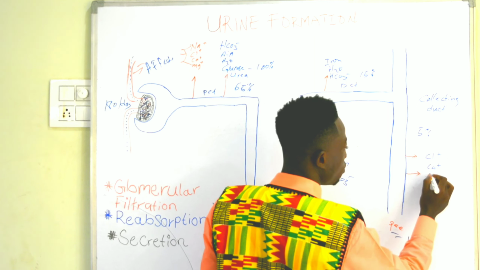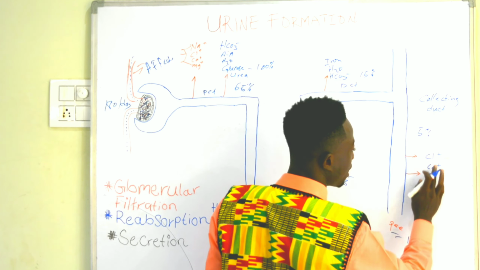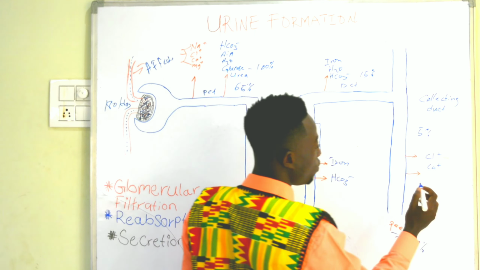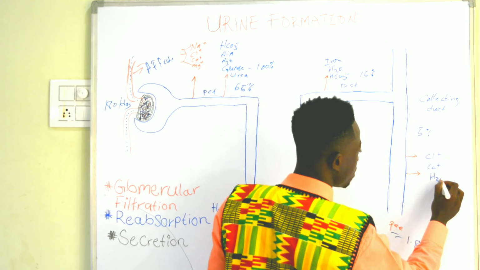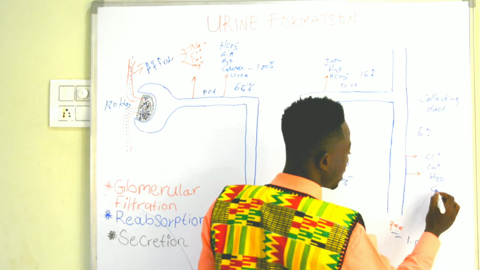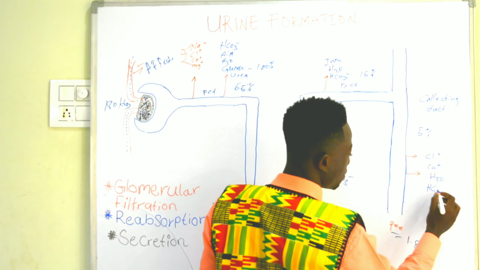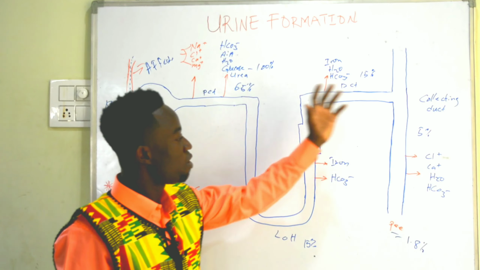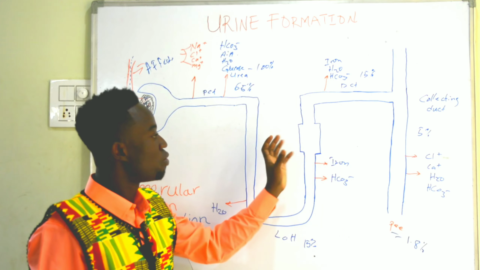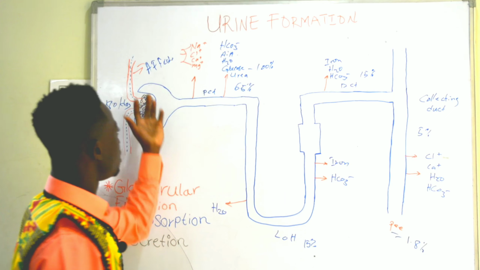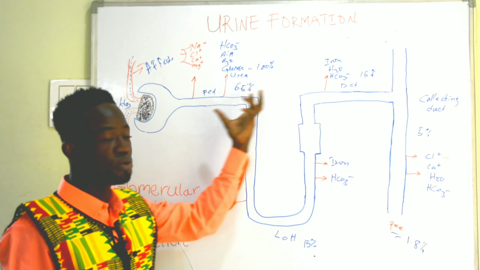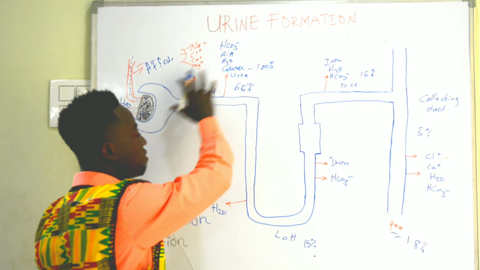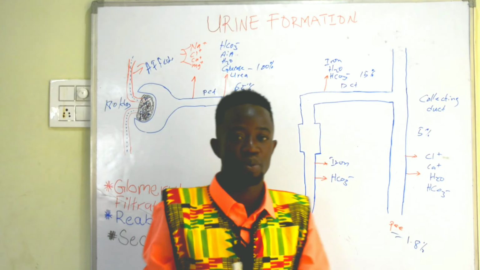We have chloride, we have calcium ion, and we have water. We have bicarbonates. So these are the substances that are going to be reabsorbed. So these are all of the process.